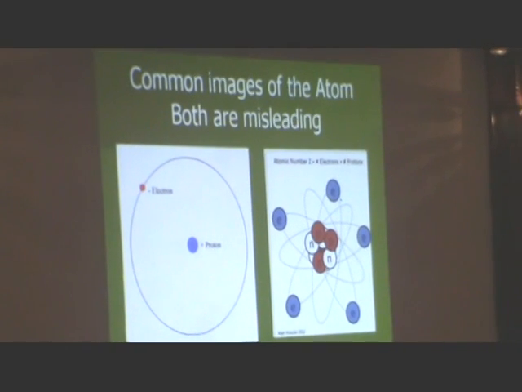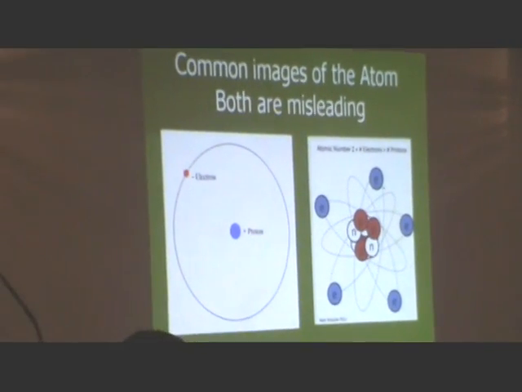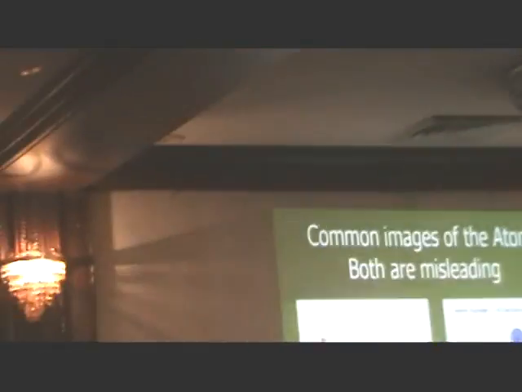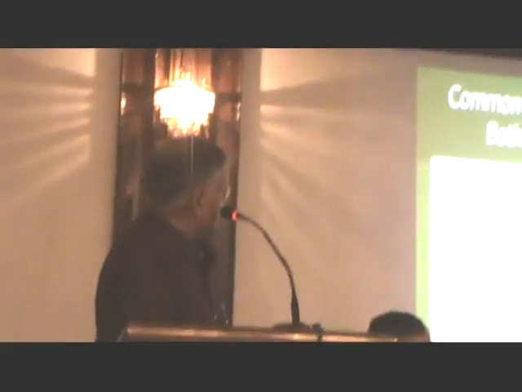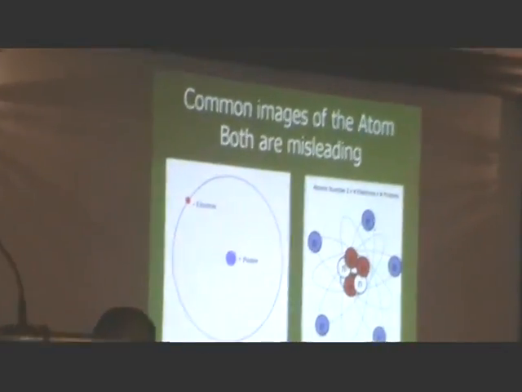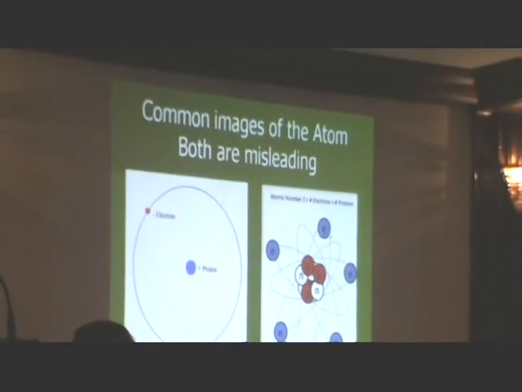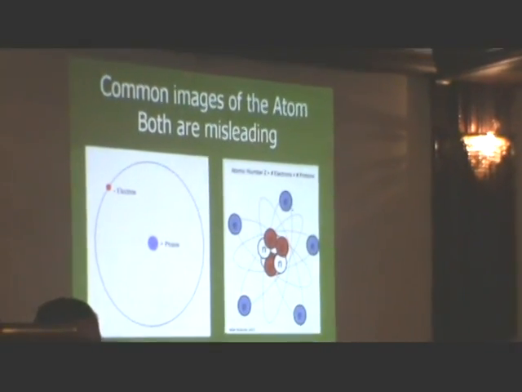Okay, here's the model of the atom that we have all seen from textbooks. There's the proton in the center and the electron on the outside, and there are neutrons, as on the figure on the left hand side. On the right hand side, you can see some neutrons in the nucleus and some protons and some electrons orbiting. This particular picture is not quite the truth.